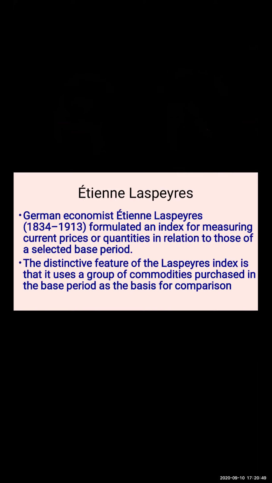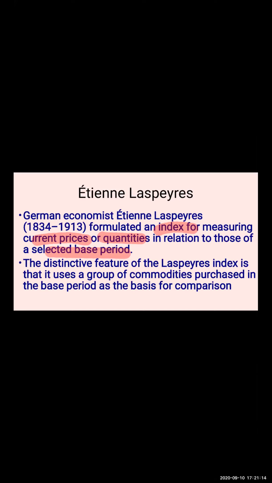Next part, they have told us about this Laspeyres. Laspeyres was a German economist from the year 1834 to 1930. He formulated an index for measuring current price or quantities in relation to those of the selected base year period.